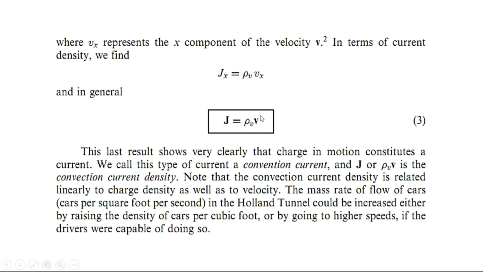This last result shows very clearly that charge in motion constitutes a current. When electric charges move, they constitute a current. We call this type of current a convection current, and J equal to rho v into V is the convection current density. Note that the convection current density is related linearly to the charge density as well as to the velocity.